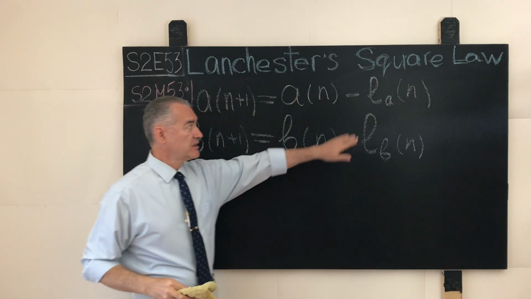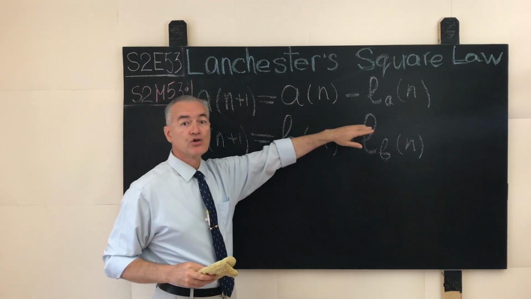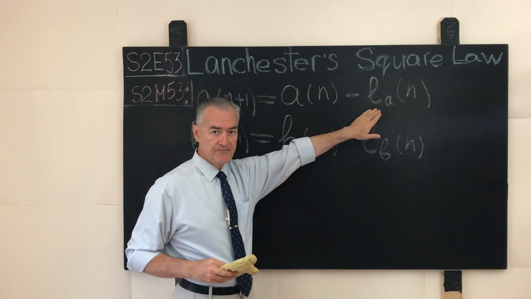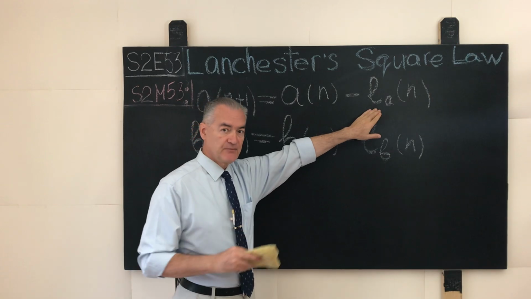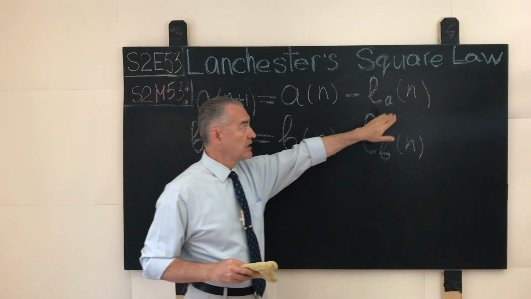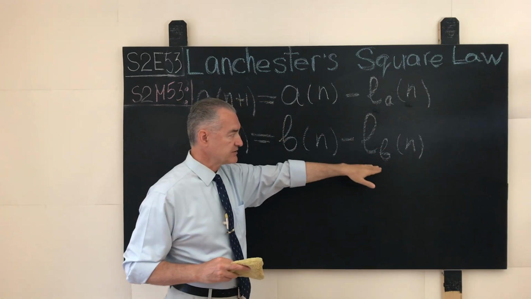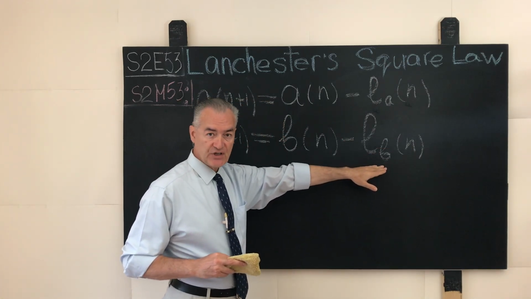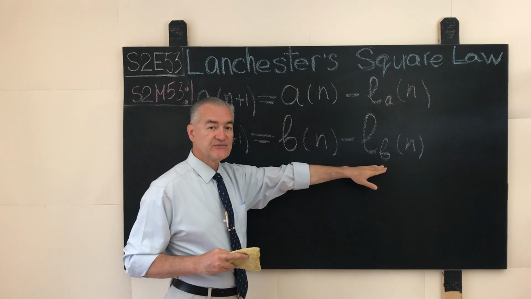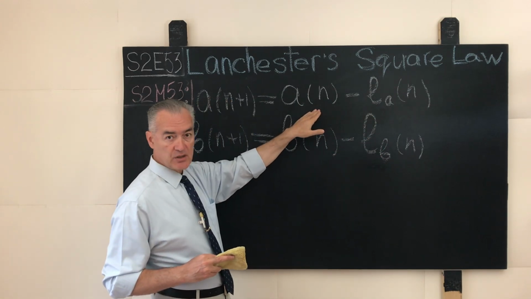Basically L_A(n) and L_B(n) will represent the losses in this case that were suffered by army A and the losses that were inflicted onto army A by the fighting units of army B after that fire exchange took place. Likewise, L_B will be the amount of losses that were suffered by army B and the amount of losses that were inflicted onto army B by the fighting units of army A.